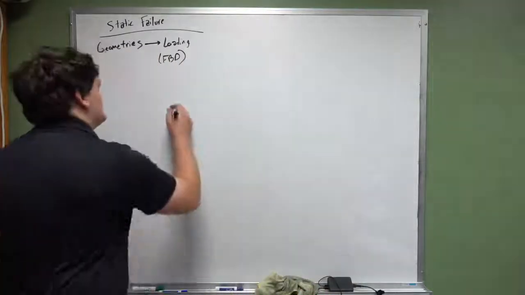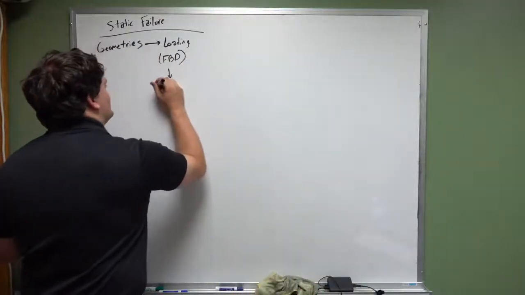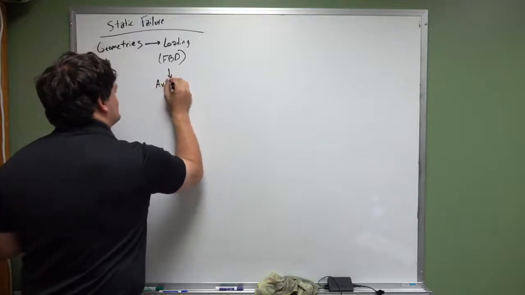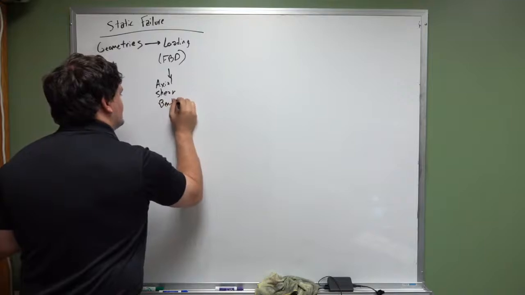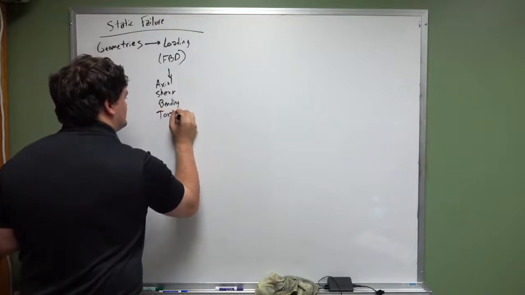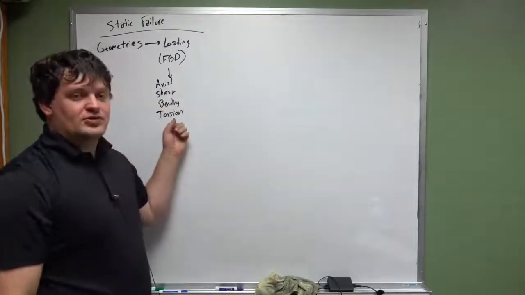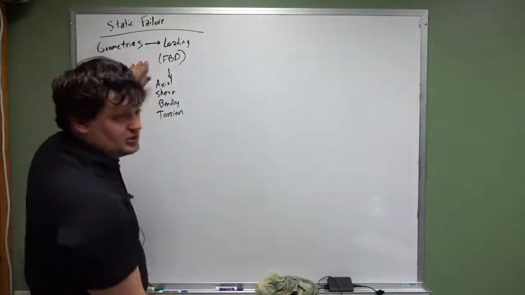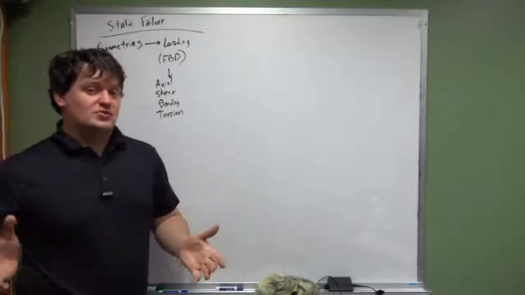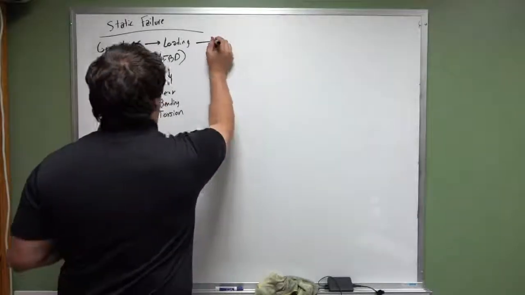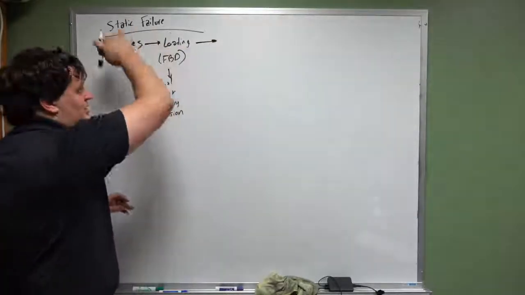Once you know this, you can also determine whether you have axial forces, shear forces, bending moments, and torsional moments. Those four things are what you have to figure out when it comes to loading. Once you know your geometries and your loading, this is when you can figure out your stresses. Remember, stresses depend on loading and geometries.